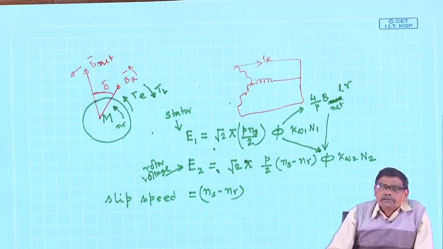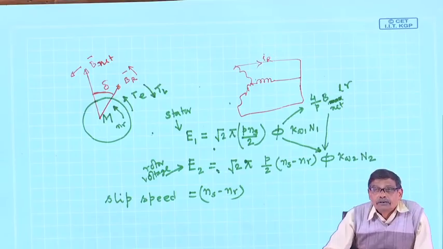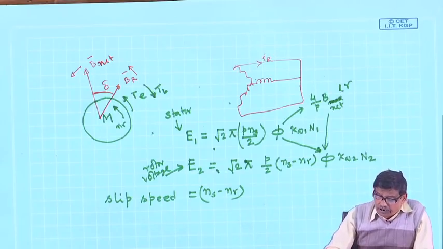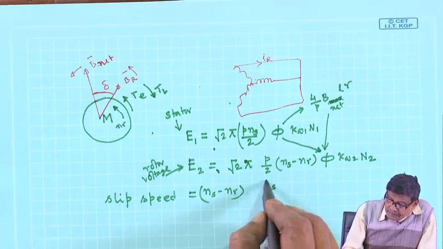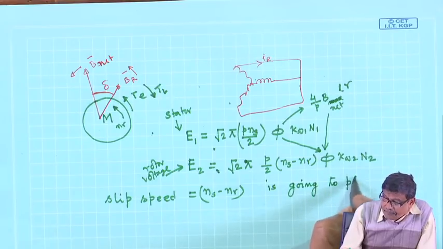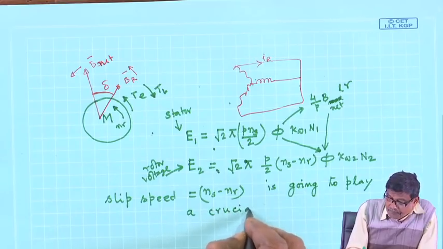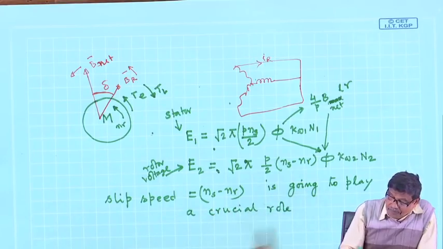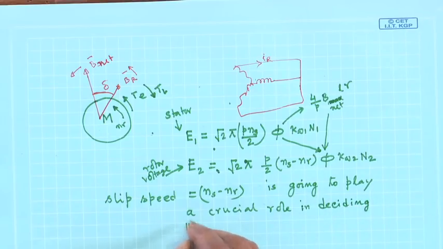And induced voltage will decide the current in the circuit, and current we know will decide B r, hence the torque. Therefore, it looks like the slip speed n s minus n r is going to play a crucial role in deciding the performance of the machine.